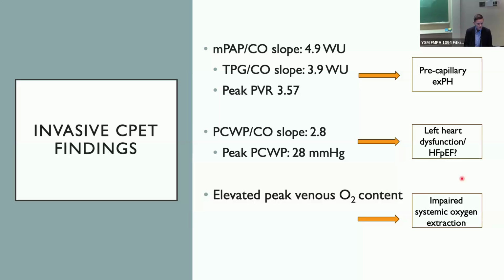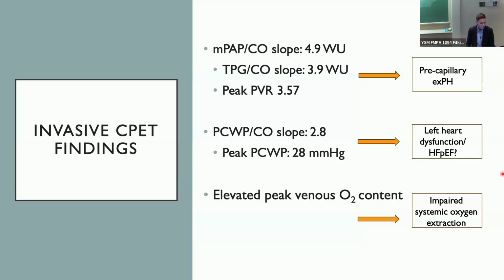Second, she also demonstrated an elevated wedge pressure to cardiac output slope and had a peak wedge pressure of 28 millimeters of mercury, suggesting that she had post-capillary disease, likely comorbid HFpEF, which is common in systemic sclerosis and an important driver of morbidity in this population.